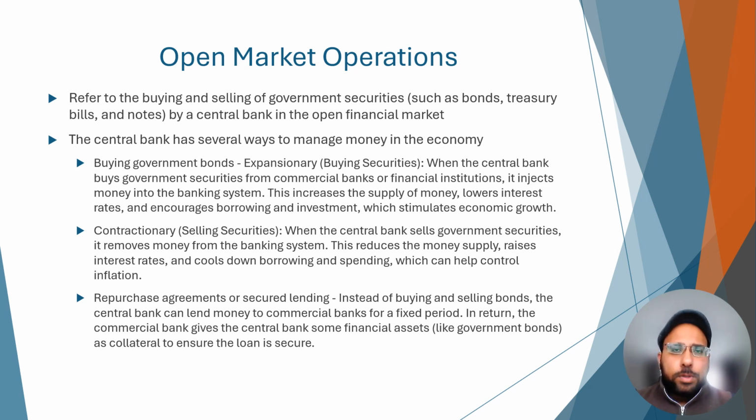The focus is on expanding the economy. So what the central bank does is it buys government securities from banks and other financial institutions in order to inject money into the financial system as a whole. So this will increase money supply, making more funds available to the banks in order for them to lend out and allow you and I to get housing, get loans, buy new cars if we need.